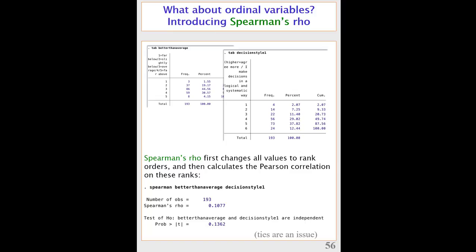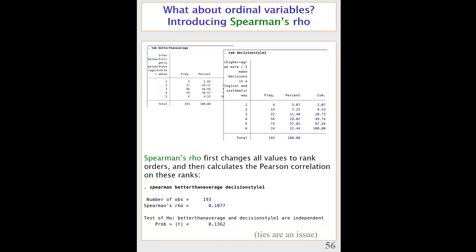It's called Spearman correlation. The other one was named after Pearson, this one after Spearman, and what it does is, instead of looking at the data itself, comparing two columns, two variables in your data, with a correlation coefficient, you first rank order all the cases in your data, give rank numbers to all the cases, and then calculate the correlation between these rank orders.